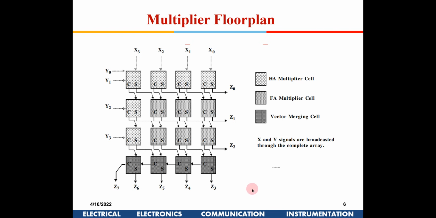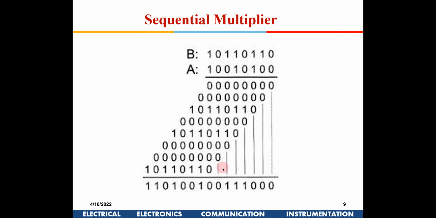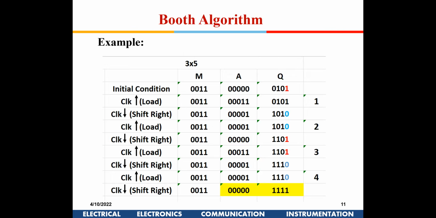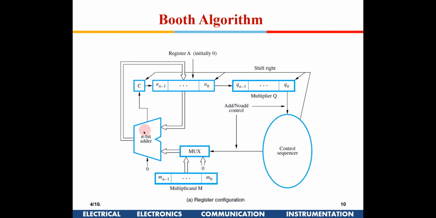How is it only one clock cycle for addition? For sequential, I said addition is just one clock cycle, but you have to keep shifting it like this for 64 bits. So for this to get completed, you will require at least 64. Here this is just a single bit adder, so you are not concerned about it.